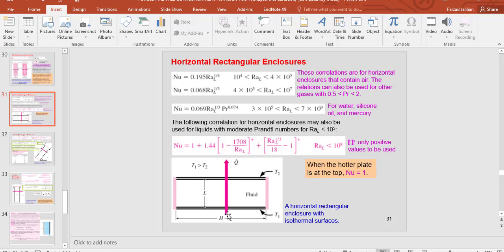So we have heat transfer from the bottom surface to the top surface, Q dot. Now we are interested to calculate this Q dot.